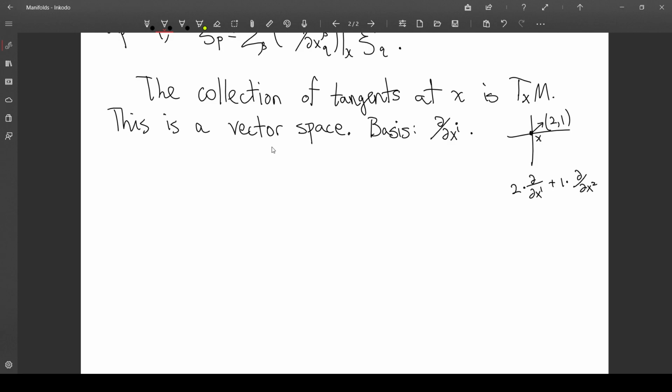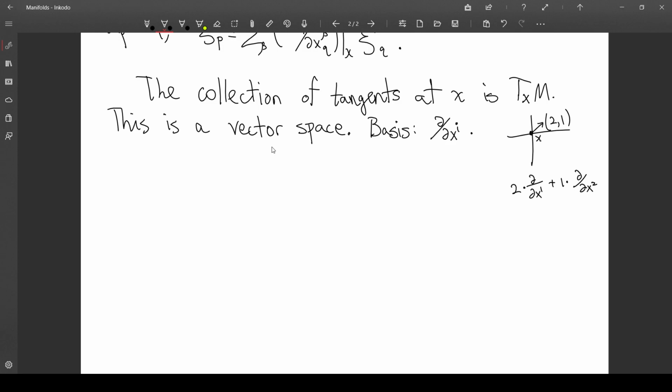And so it's essentially saying how much this tangent vector is going to move you along, right? Because tangent vectors are related to initial velocities of a curve. Well, that's how we derived them. And so this is saying how fast you're going to move if you moved along this tangent vector.